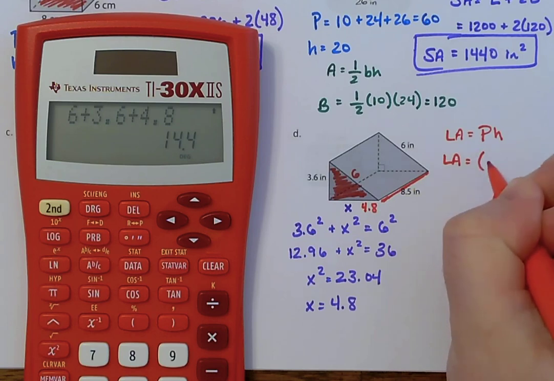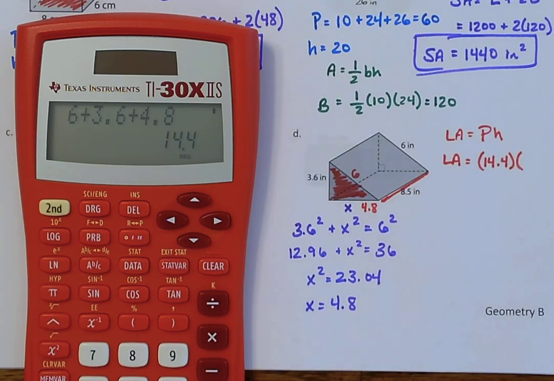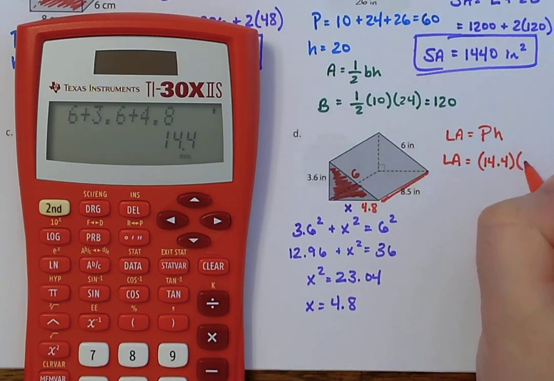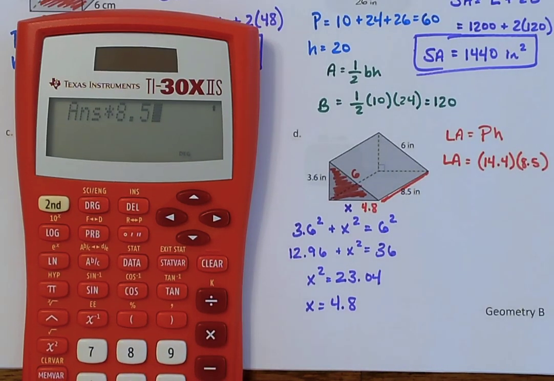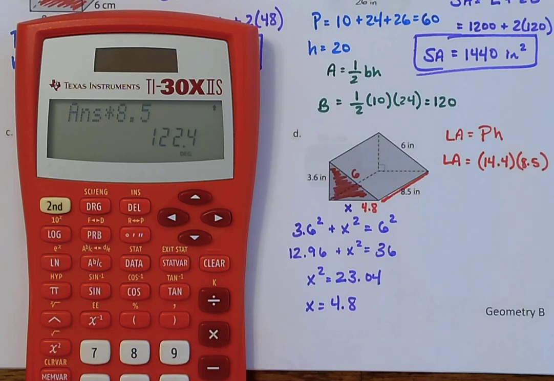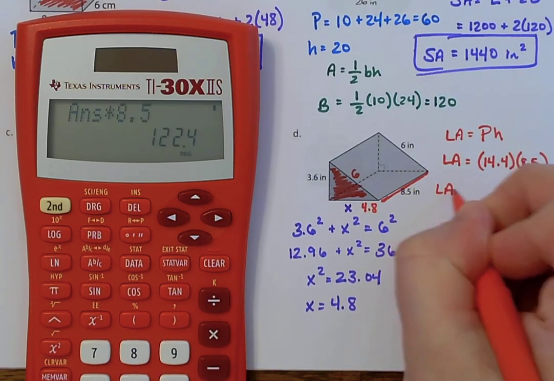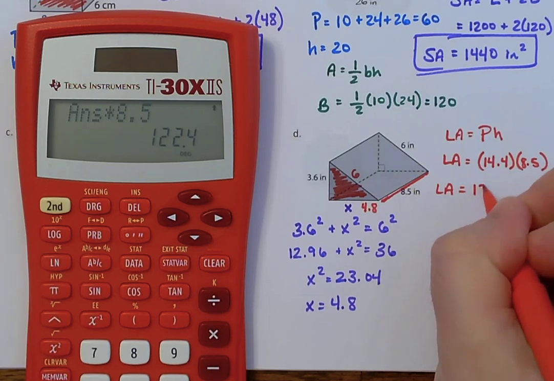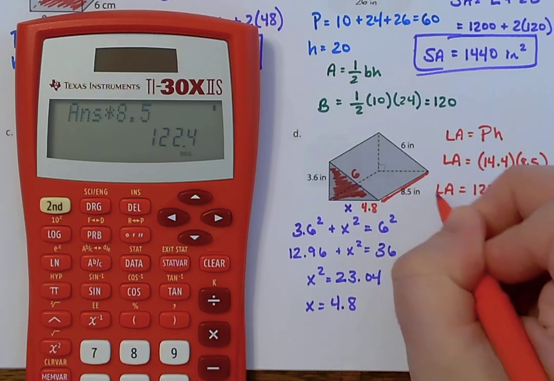So lateral area is the perimeter of the base, which we know is 14.4, times the height of the prism, which is 8.5. If we multiply those two things together, we get a lateral area of 122.4.